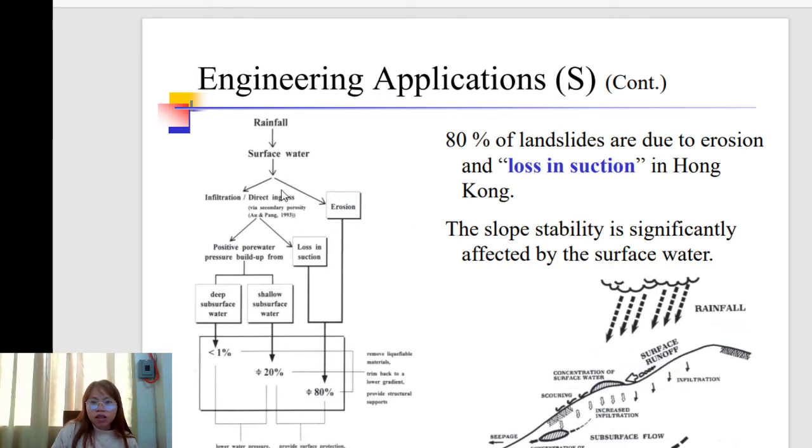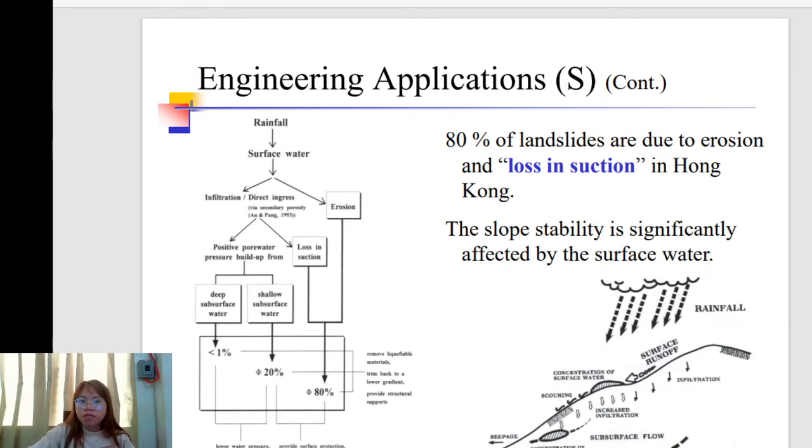And as you can see, this erosion and loss in suction is actually 80%. This means that it has a bigger, no, something to do with the erosion.